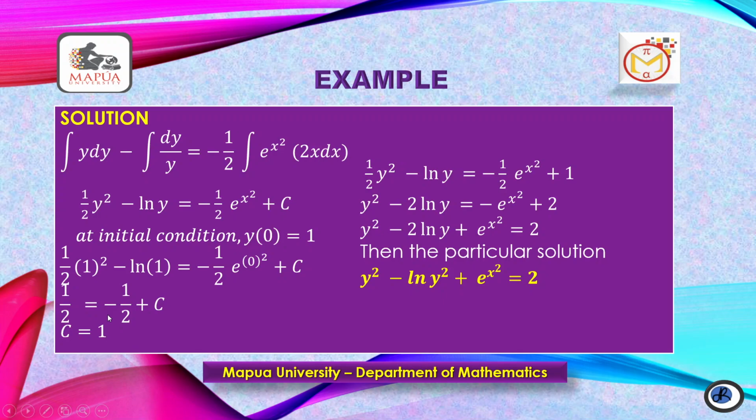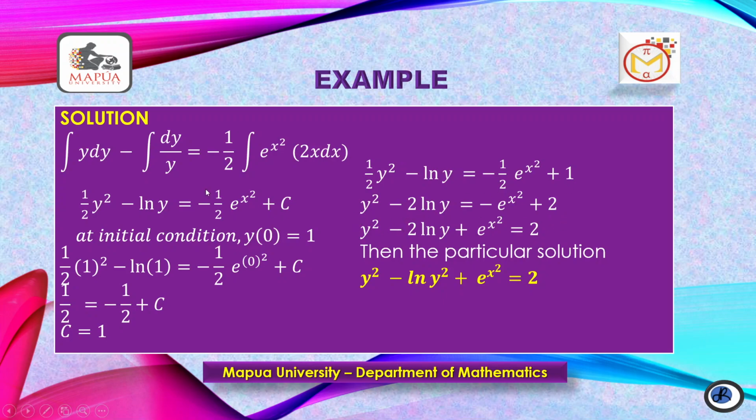Substituting the value of c into our general solution, when c is 1, this is now plus 1 here, and then we can simplify by multiplying by 1 half. So we have y squared minus 2 ln of y, equal to, multiplying 1 half by 2, negative 1, and this is times 2 for the 1.